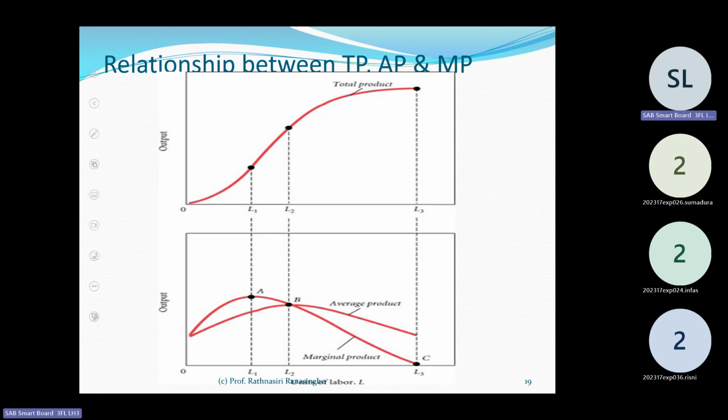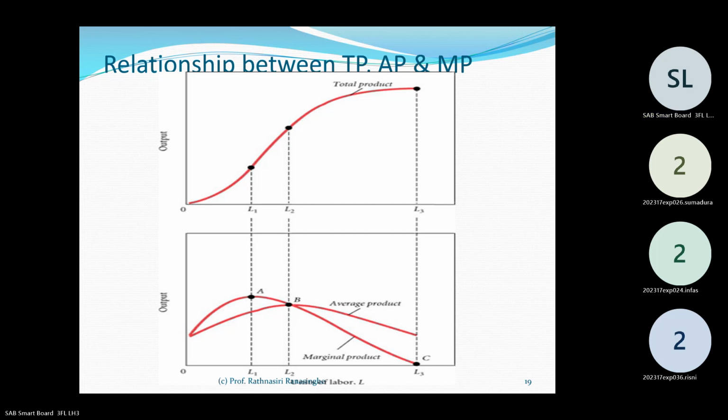Thereafter, marginal productivity decreases, positive but decreasing. That means total product increases at a decreasing rate, because marginal productivity is the change in output for a change in labor input. If you see the slope of the tangent, it is continuously decreasing.